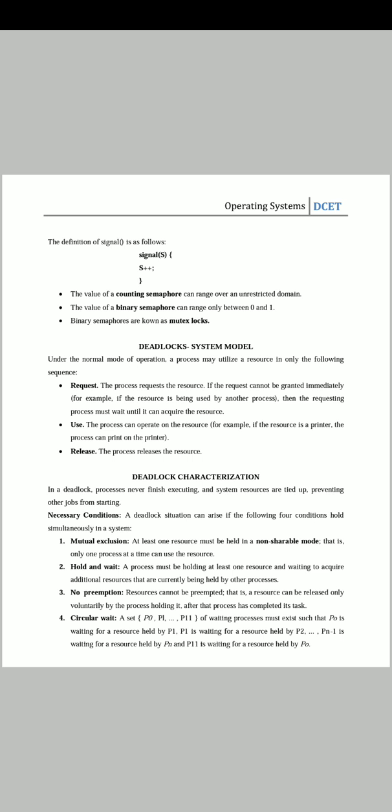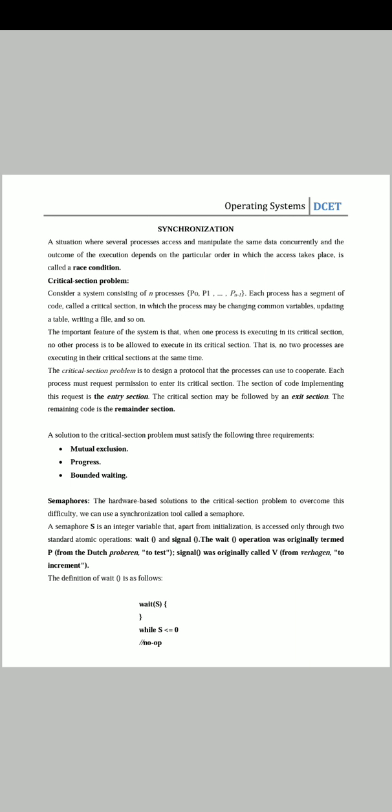Here you know that S is 5, I am incrementing the value after that test. Signal is for incrementing and wait is for the test operation. Signal is denoted by V and test is denoted by P.